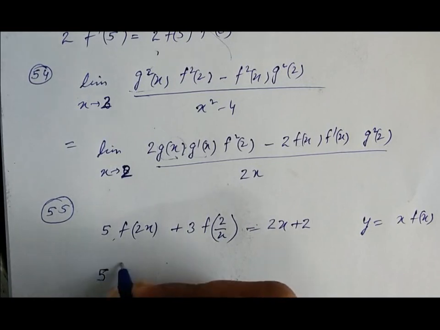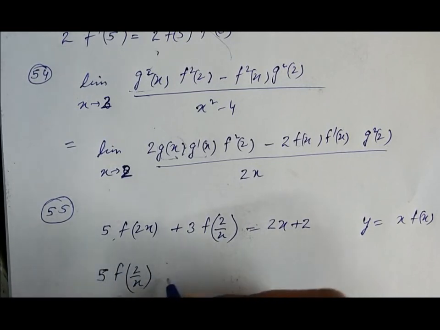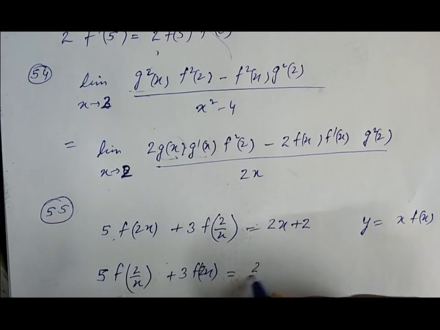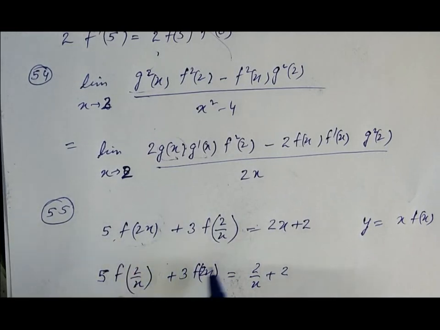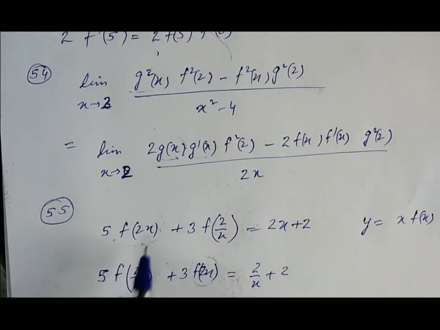So we get 5 f of 2 by x plus thrice of f of 2x is equal to 2 upon x plus 2. Okay, so f of 2x and f of 2 by x, this is two equation in two variable. Okay, now we can use this to find f of 2x, and if f of 2x is known, replace 2x by x to get fx.